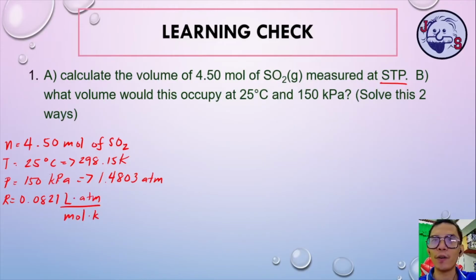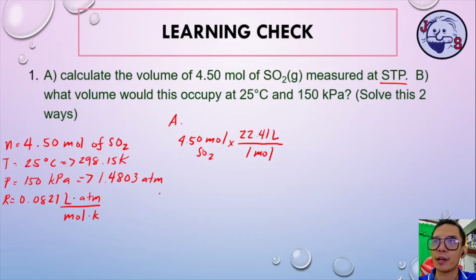Now let's answer letter A. How do we deal with it? Using Avogadro's law, we can deal with letter A in an easier way. We have 4.50 moles of SO2, and using the molar volume, 1 mole is equal to 22.41 liters. So we cancel the mole, and what do we get?